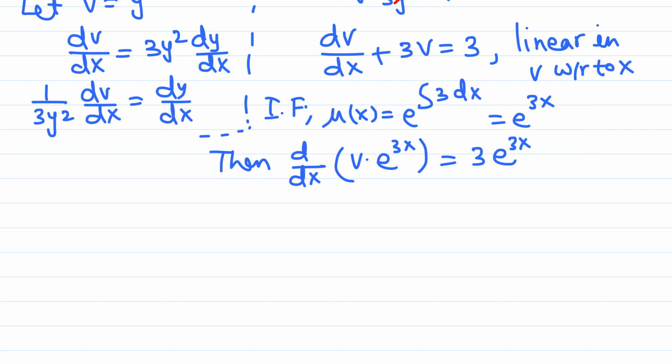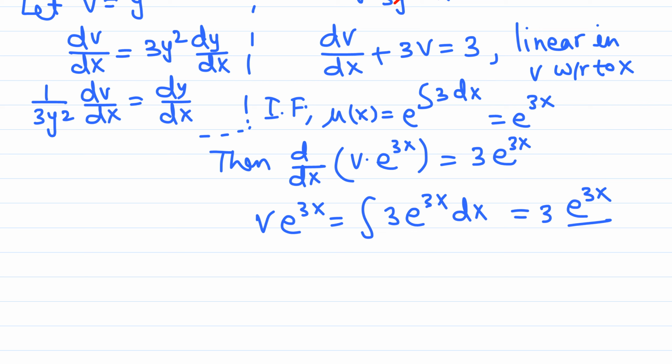Now we integrate both sides. v times e raised to 3x equals the integral of 3e^(3x) with respect to x. The 3 comes outside, and the antiderivative of e^(3x) is e raised to 3x over 3 plus c. Okay, we can cancel the 3 here. So v times e raised to 3x equals this.